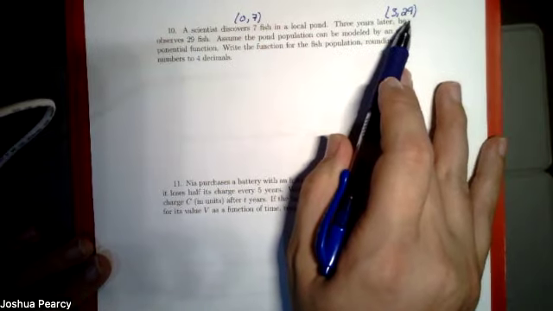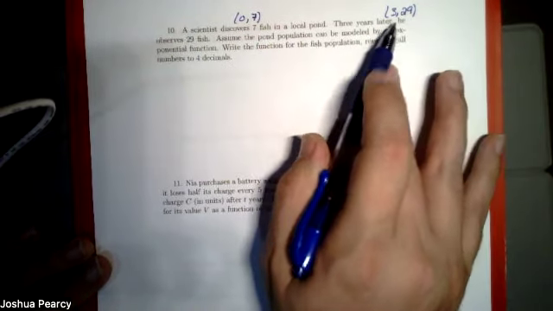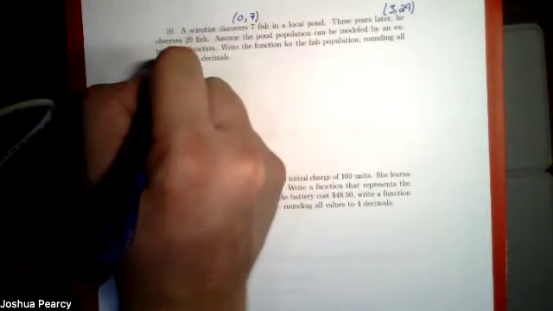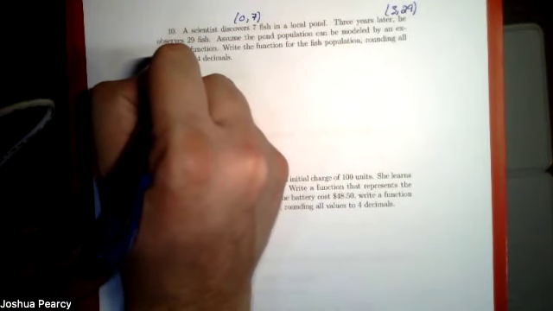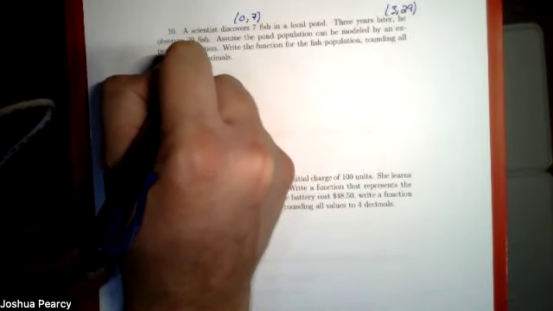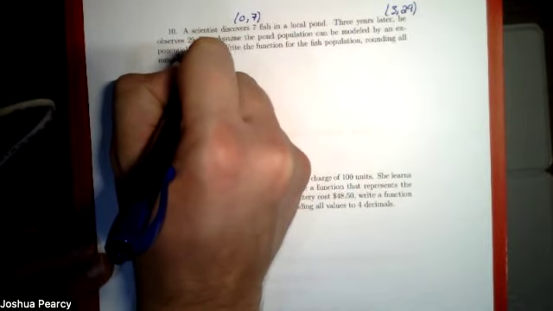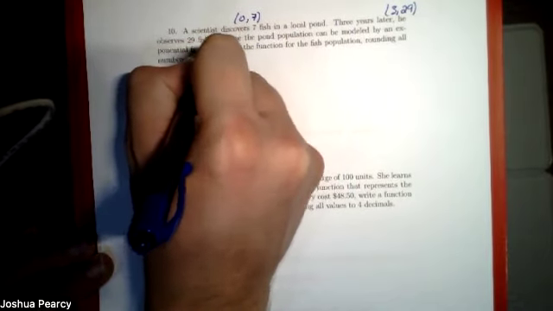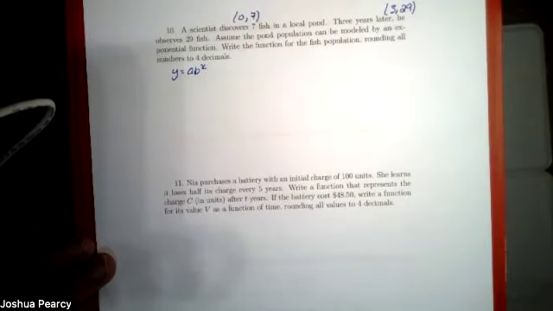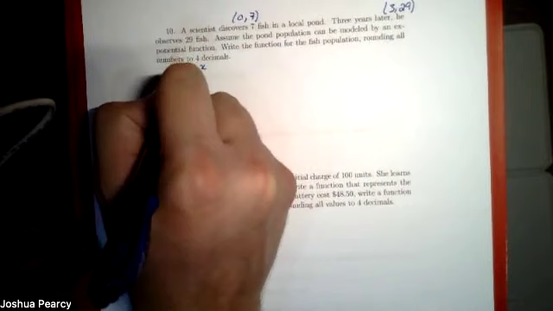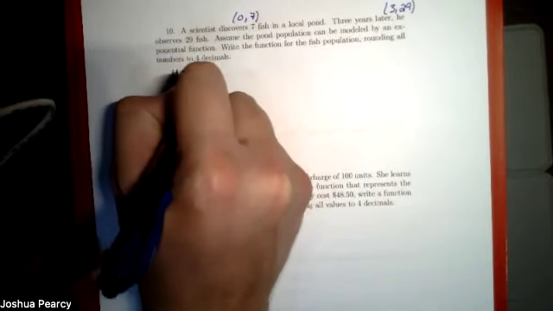We want to use an exponential model. So what we're going to do is utilize these two ordered pairs. Remember, an exponential function looks like y equals a times b to the x, right? So we're going to use this idea again. Let's look at the first ordered pair, when x is 0 and y is 7.